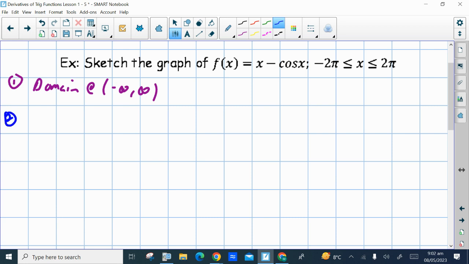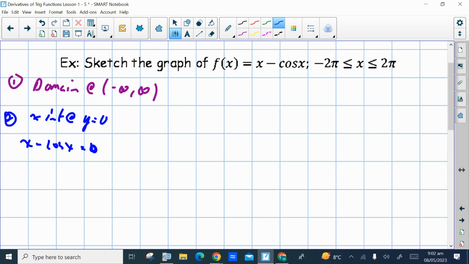Secondly, we often found our intercepts. The x-intercept is where y equals 0. It's where x minus cos x equals 0. Now, in this case, you can't solve this algebraically.